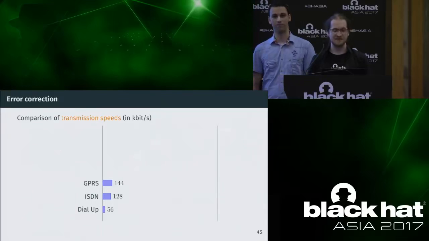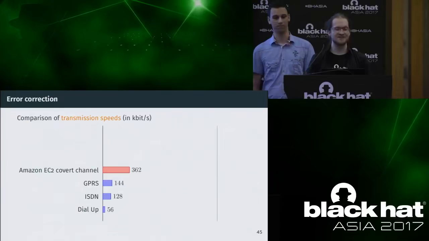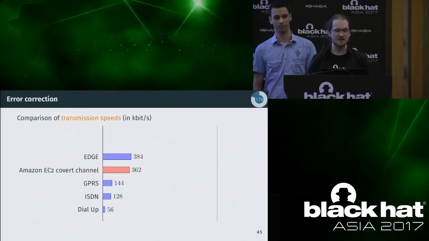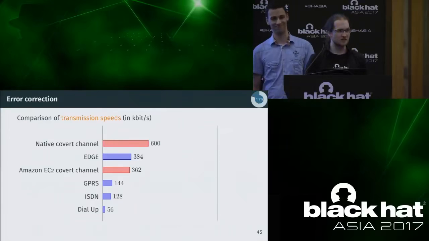that. So the Amazon EC2 cover channel actually features 362 kilobits per second, which is pretty nice and pretty close to Edge, which is still used in some rural areas, for example in Austria. And if you let our cover channel run on your native system, it actually runs at 600 kilobits per second.